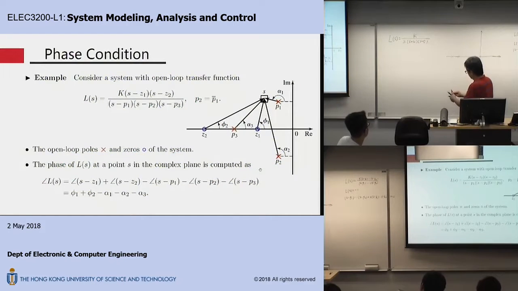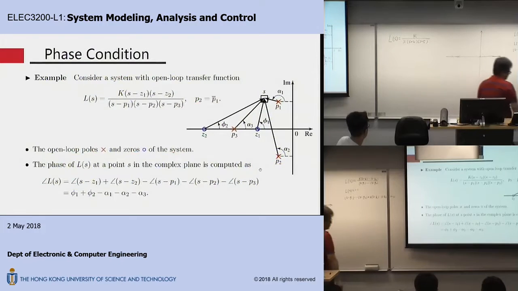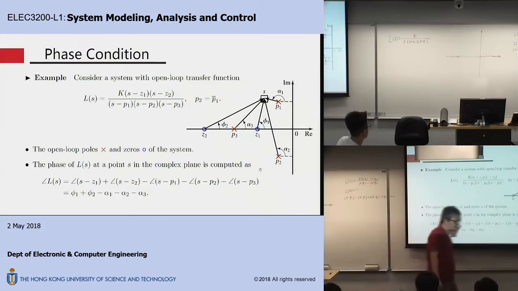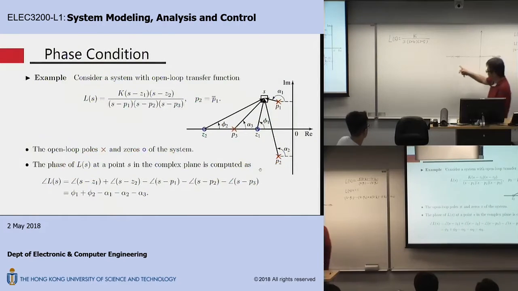Now let's look at this point. I draw a vector and look at the phase. That's 0. Draw another vector, look at the phase. That's 0. So every pole and zero on the left-hand side of the point does not contribute any phase.